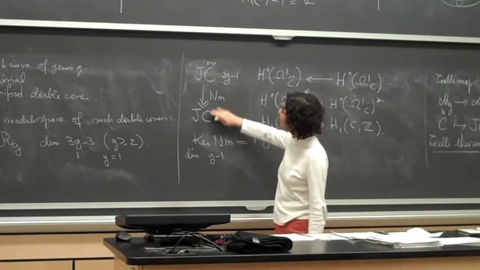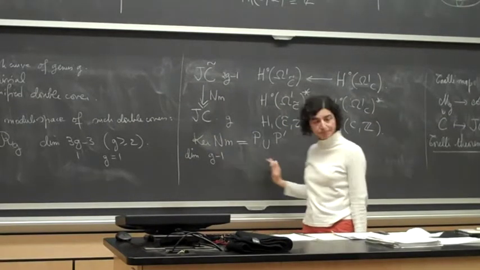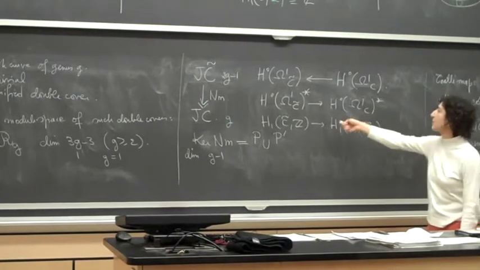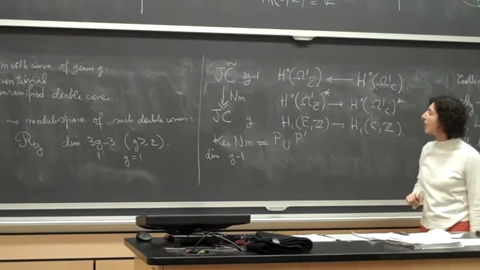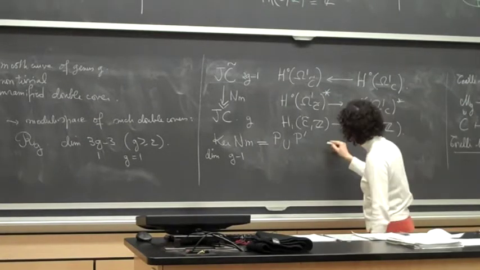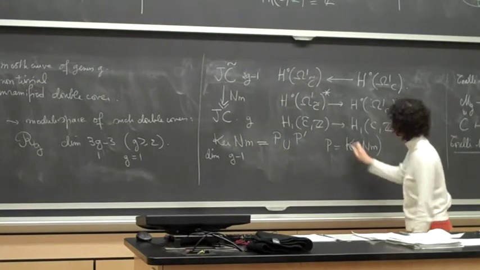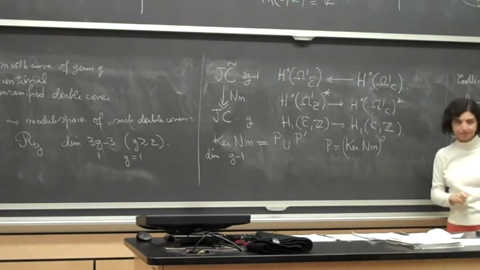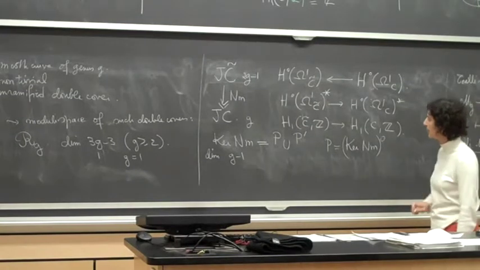This is a homomorphism of groups, and I'm looking at its kernel. Here it will correspond to the kernel of the map of vector spaces. And this P is the component of the identity in the kernel. And this is what we call the Prym variety.